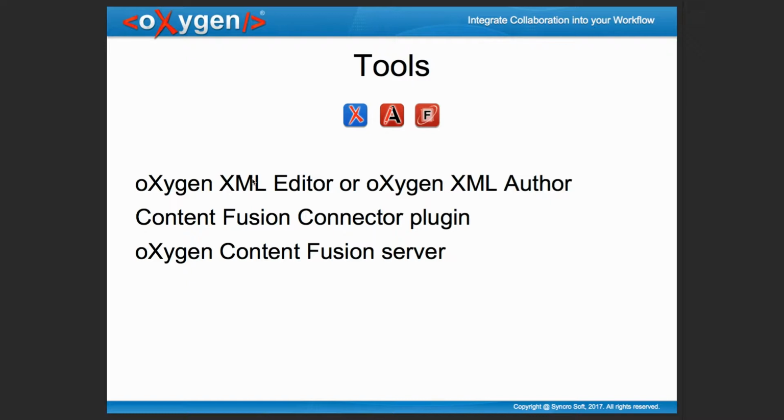And for this we have, so Oxygen is available as a desktop tool. And in this tool we created a plugin to this contribution platform that connects Oxygen to this contribution platform. So basically it is possible to have also other tools like a CMS or another editor connect to the platform. Or you can have a process.